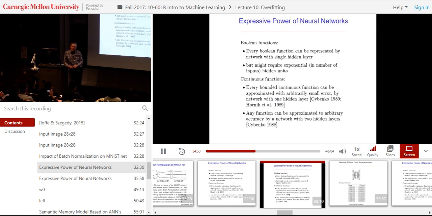But they're also interesting because today's neural networks often have many dozens of layers. So it's not unusual to see a network with 50 layers. And so there's something going on in today's networks that is not explained by this set of theoretical results.